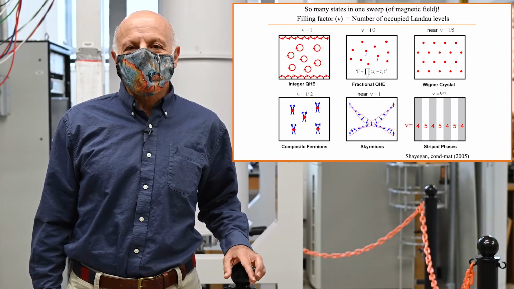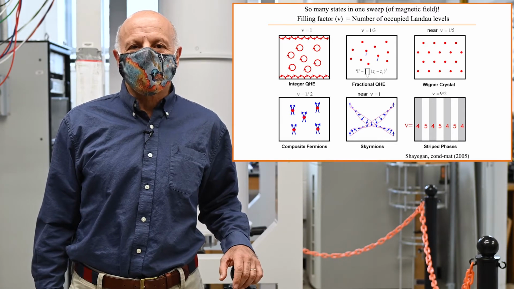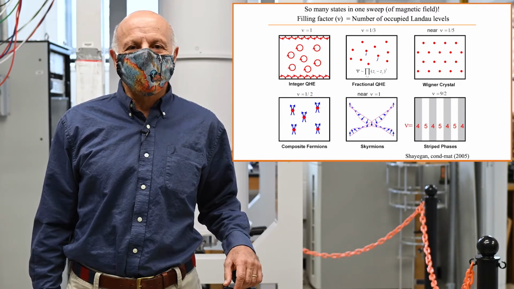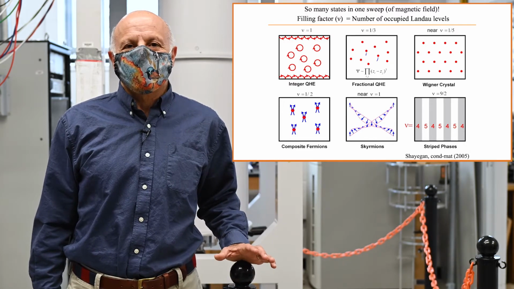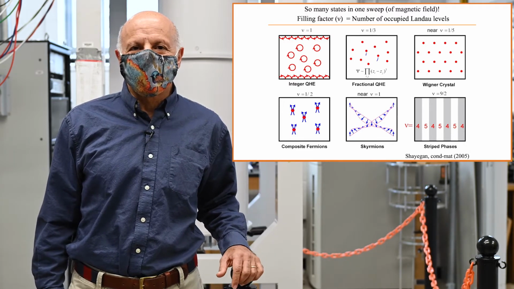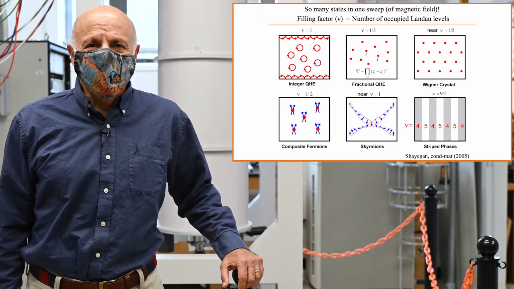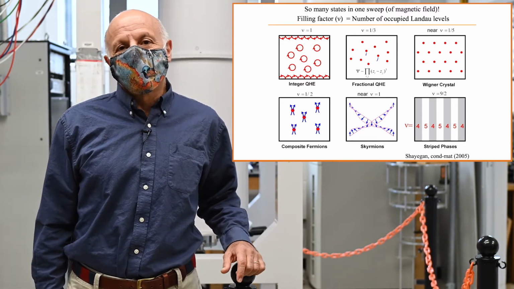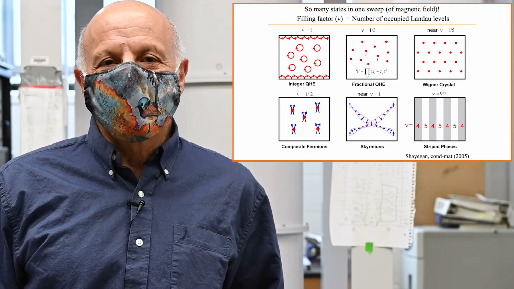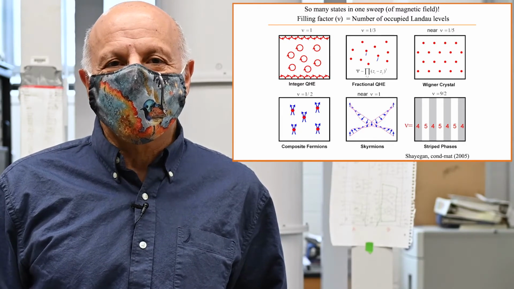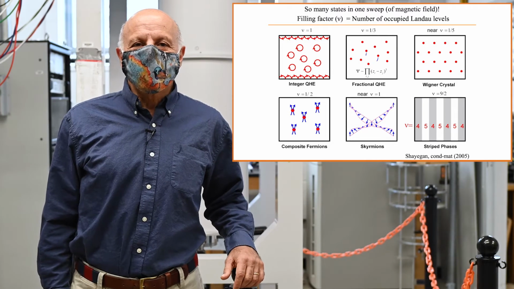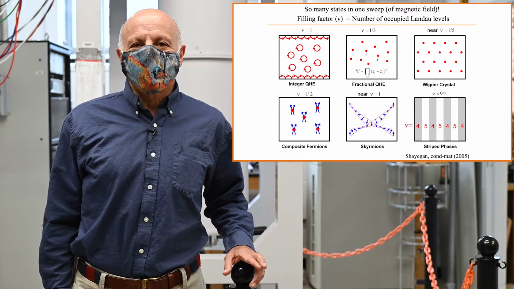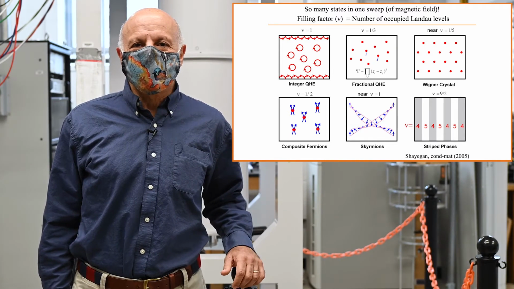There are many other states here that you can see: fractional quantum Hall effect, skyrmions, composite fermions. These are all essentially stabilized by this electron-electron interaction. It's a very rich field. Four Nobel Prizes have been given in four different years in this field, and of course I hope that they will continue.